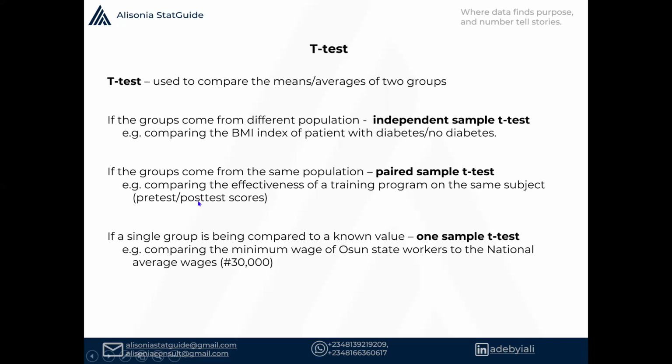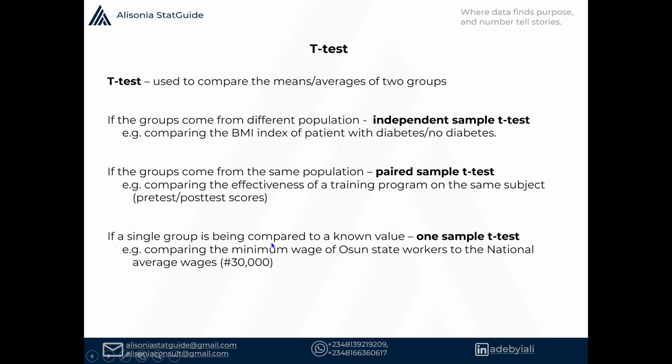That is what we have as the post-test score. You now find the difference between the pre-test and post-test; maybe the difference is higher, or less, or the same. In that sense, we are going to have the paired sample t-test. That is when you have the same subjects. And don't forget, it is also two groups, which are pre-test and post-test.